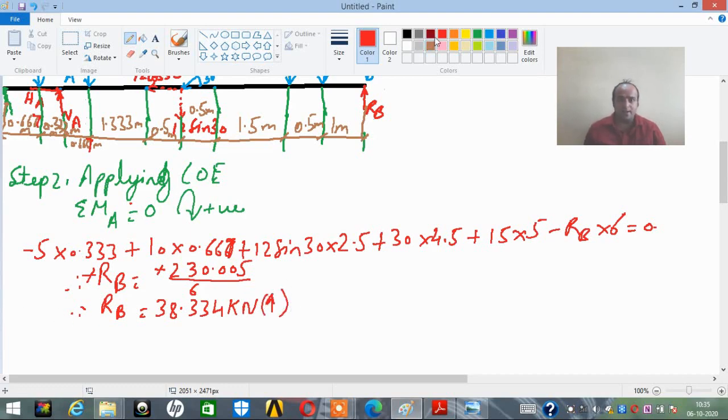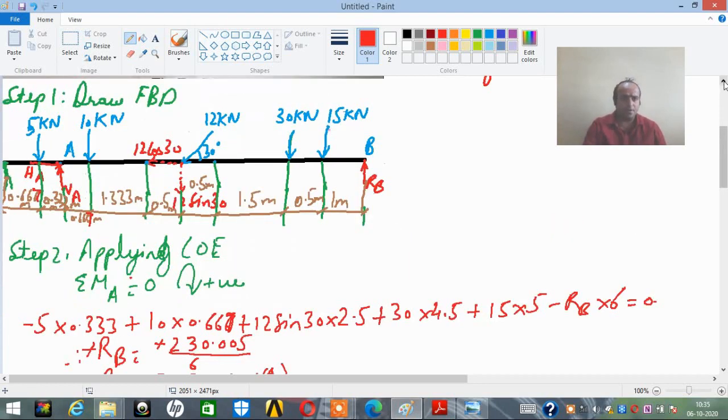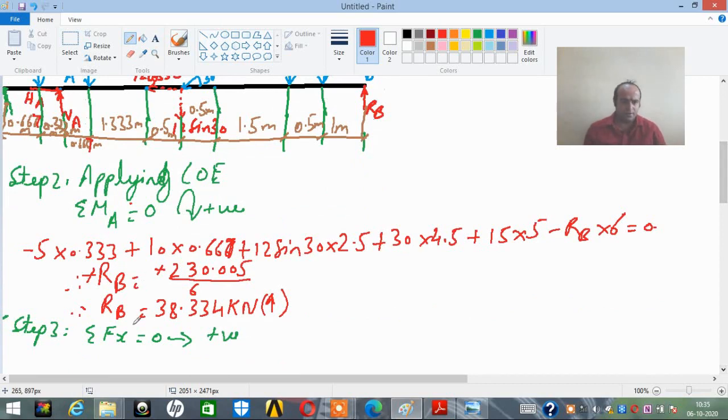Now let us apply the second condition of equilibrium. That is step number 3 for me. That is summation of Fx is equal to 0, acting towards right as positive. So it will be HA minus 12 cos 30 is equal to 0. Very easy.